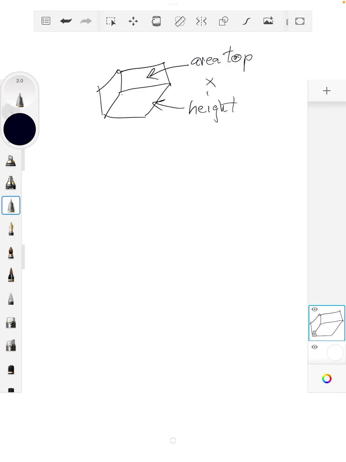So I just did that. This was 3 times 4, that's 12, times the height, which is 2, so it gives me 24 cubic inches. That's the one I just did.